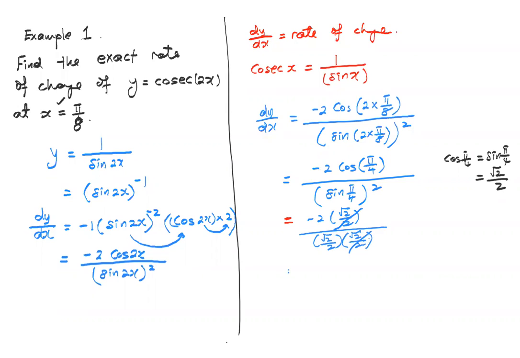So I got -4 over root 2, which is -4 root 2 over 2, which is -2 root 2. So you see, trigo is a very tedious task, but if you got every information there, you just need to substitute and do it slowly, it's fine.